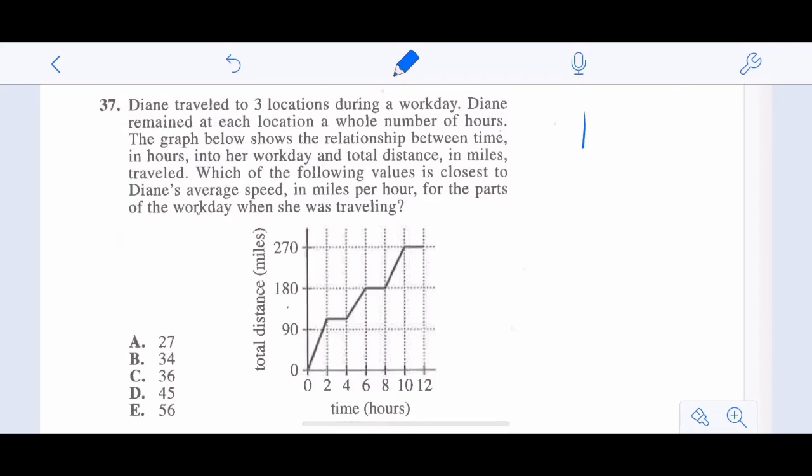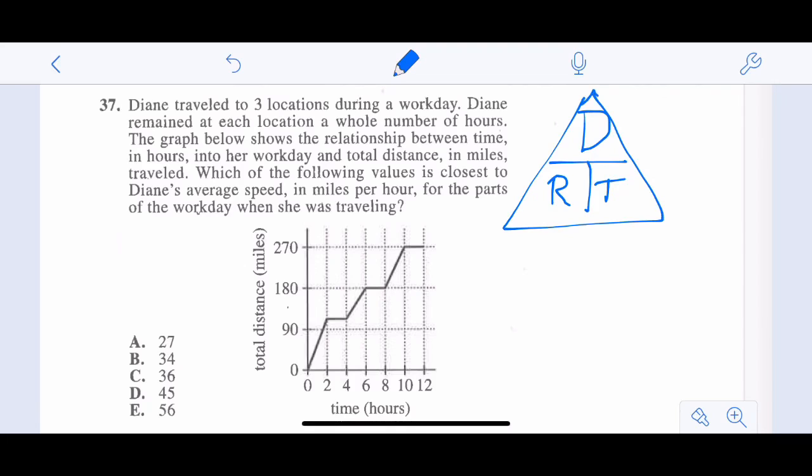So we're going to use our distance, rate, time triangle. Distance, rate, time, right? So distance divided by rate gives you time. Distance divided by time gives you rate. So let's see, what's the total distance traveled? So we know she traveled 270 miles.